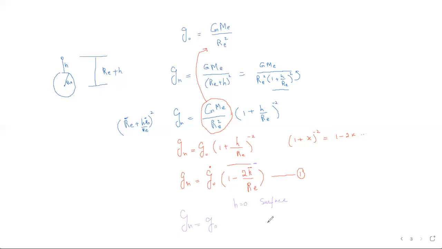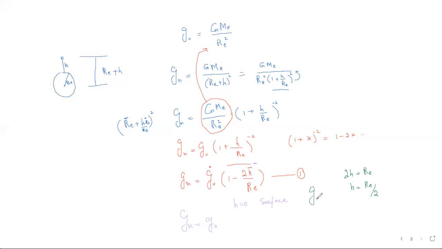Isn't it? Yes. Now if we presume that 2h is equal to RE, meaning the height is equal to half of the radius of Earth, then what we find is that RE divided by RE is equal to 1, isn't it? 1 minus 1 is 0. 0 multiplied by g naught is 0.